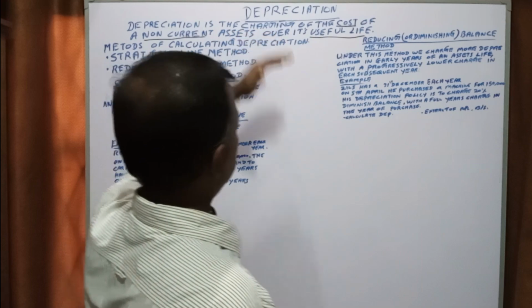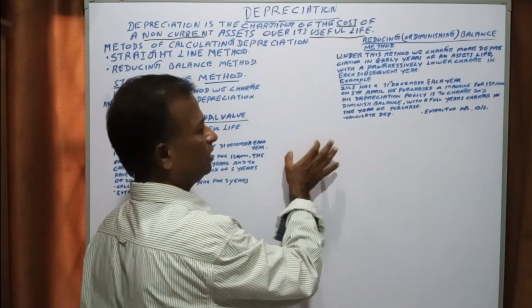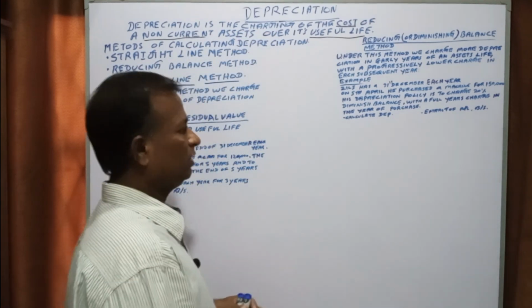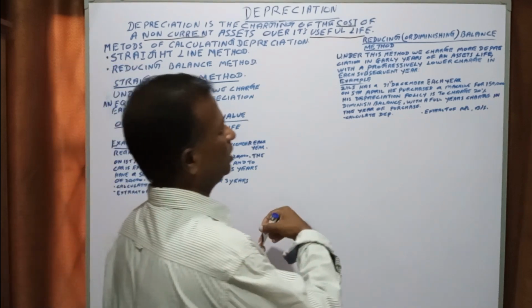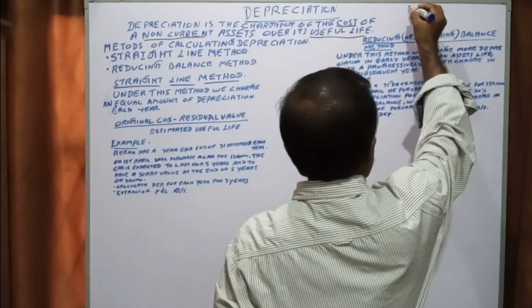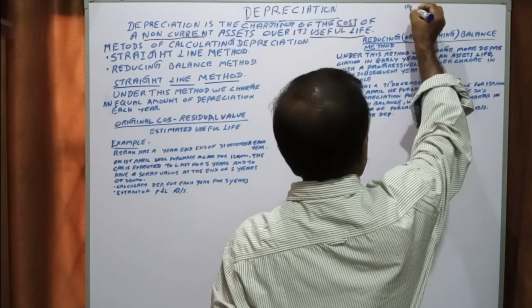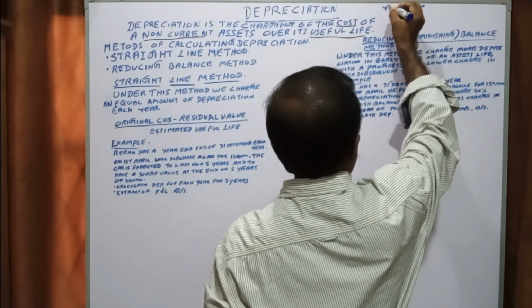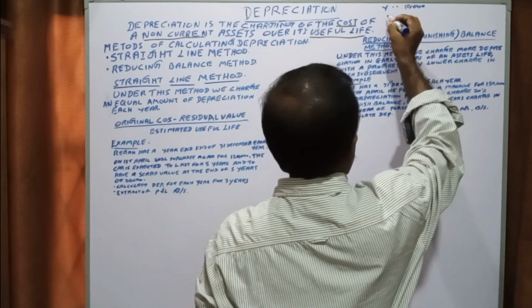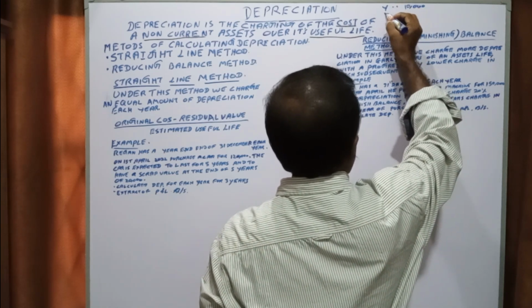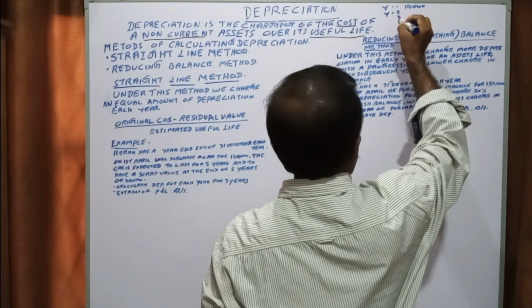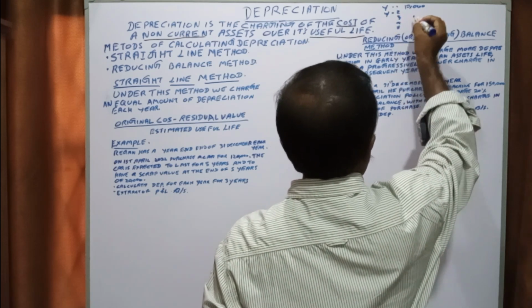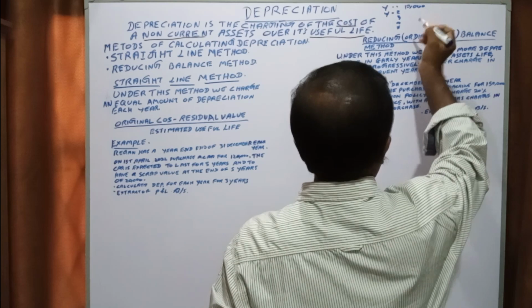All the assets will have a lifespan. If we purchase it for 10,000 today, in year 1, and then in years 2, 3, 4 and 5 it will have a lesser amount.